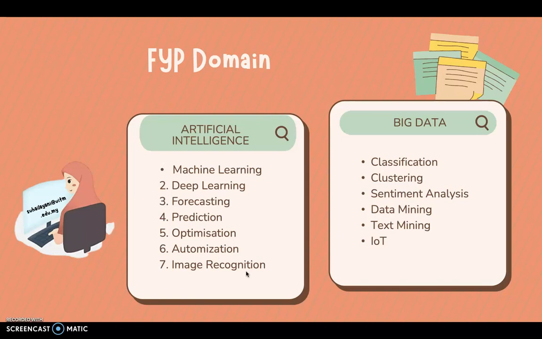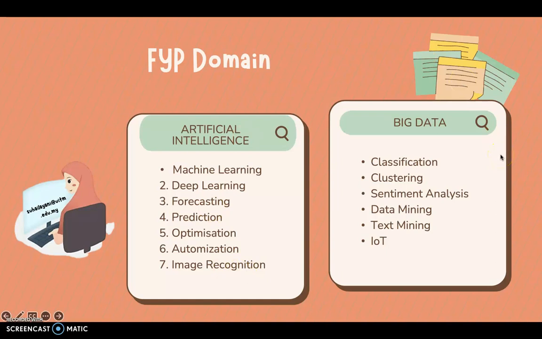The systems that you insert artificial intelligence into usually propose more than just a management system. You can do prediction, optimization, detection, recognition. These are the enhanced features that can be your domain of FYP development.